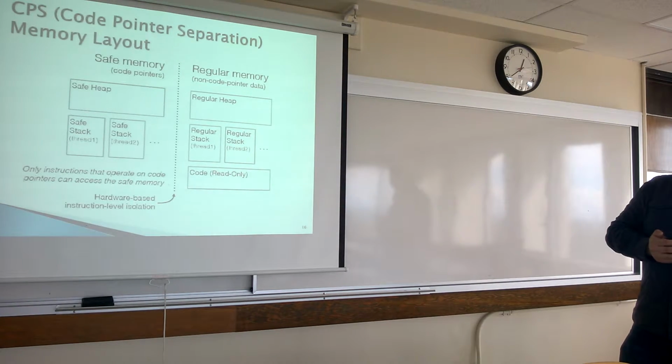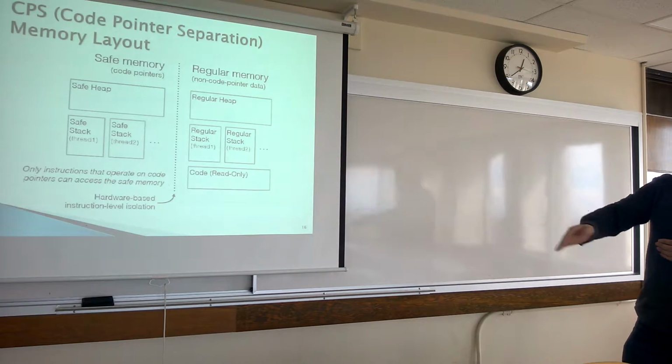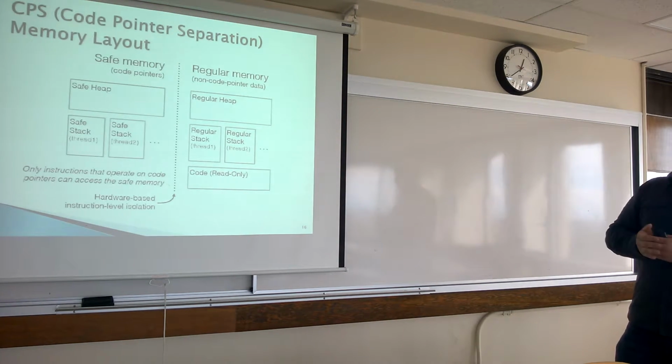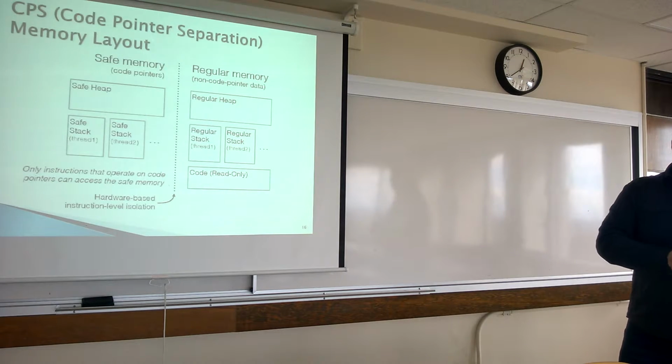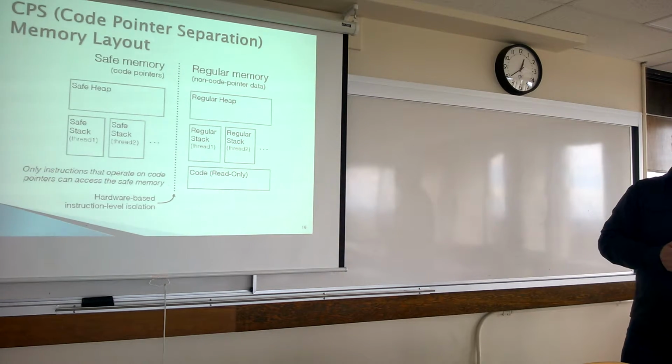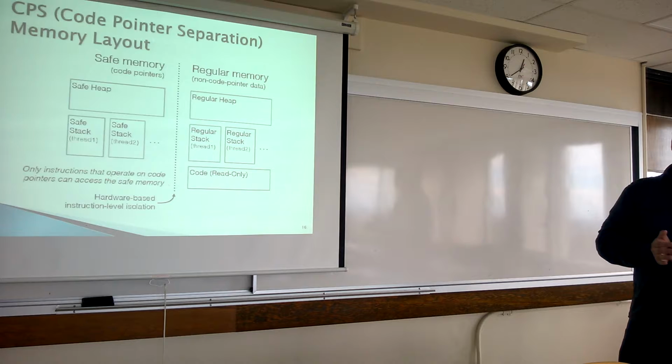So any instructions that operate on code pointers can access the safe memory, and everything else should really only access the regular memory so that there's no way for them to modify what should be executed. They can only change, at this point, what code pointer is pointed to.